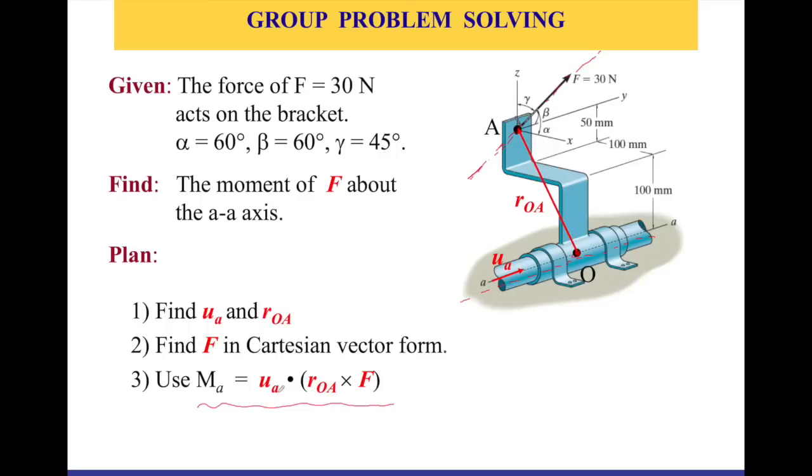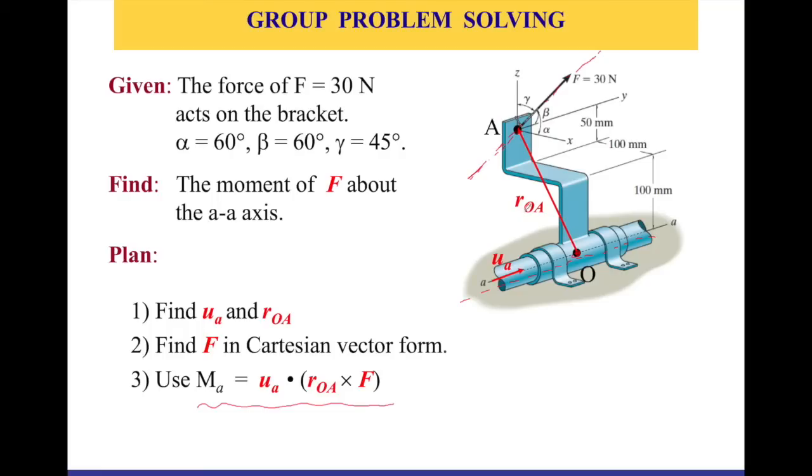In other words, this is a line, and I'd like to find the moment about this line. I would like to find a position vector between that line and the line of action of the force, which is easy to find, and then do the cross product to find the moment.